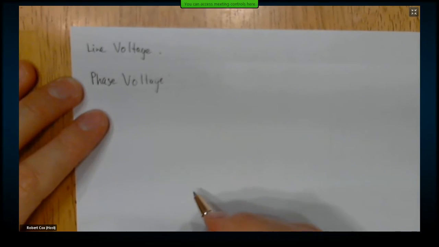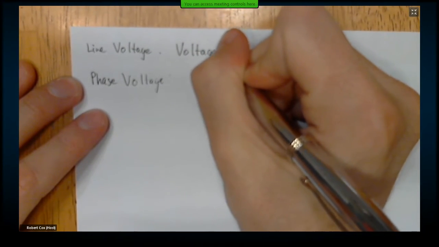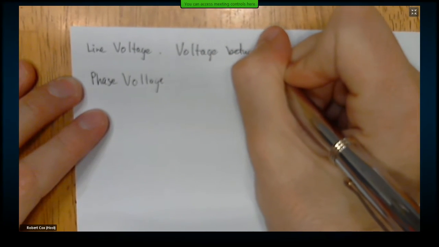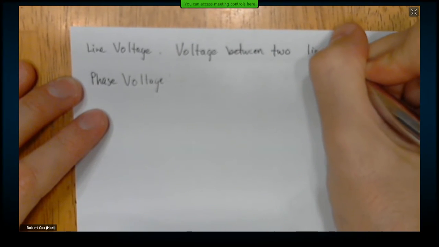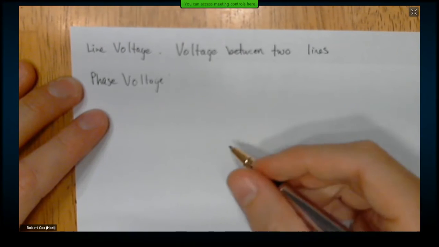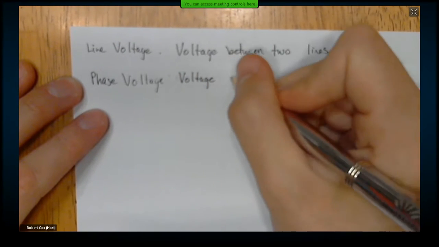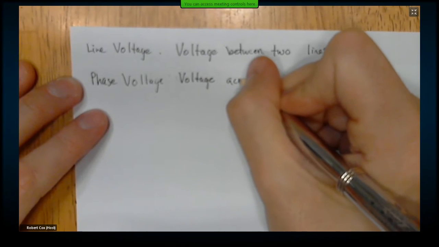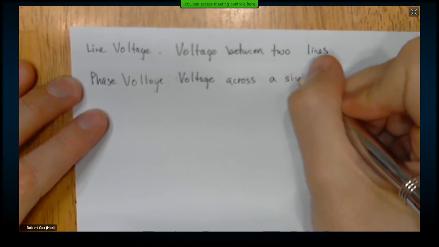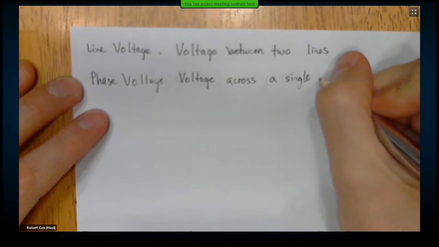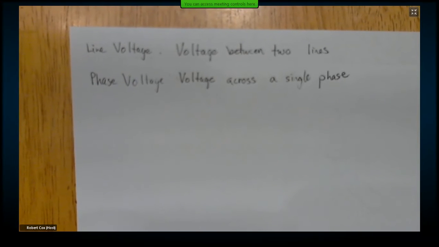Line voltage refers to voltage between two lines. Phase voltage is voltage across a single phase. Confusing a little bit.